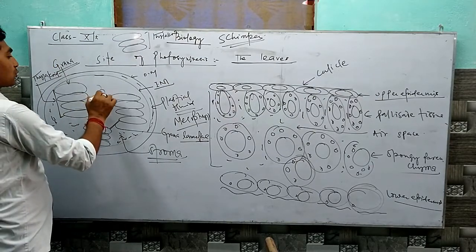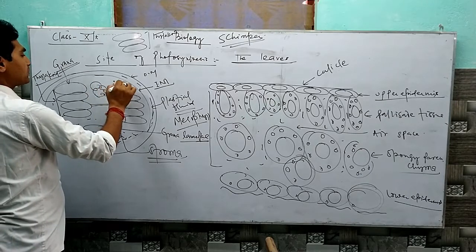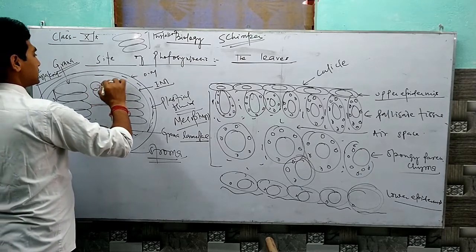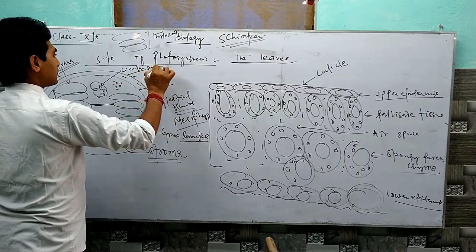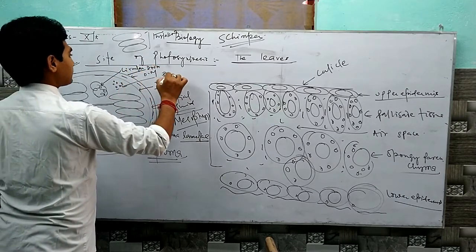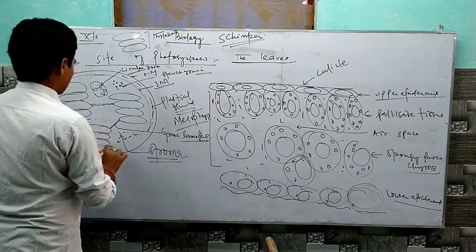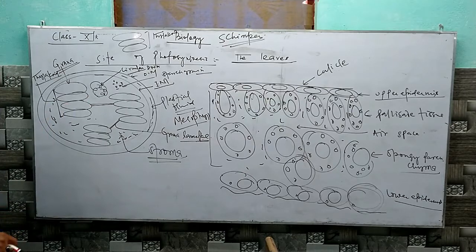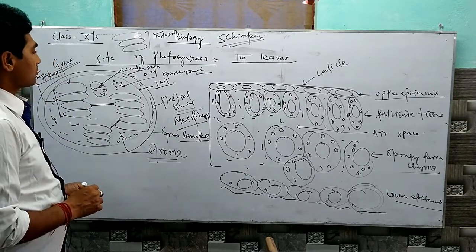Also, circular DNA is present. Starch granules are present in the chloroplast. This is the circular DNA, and a starch granule. This is the structure of grana and stroma.